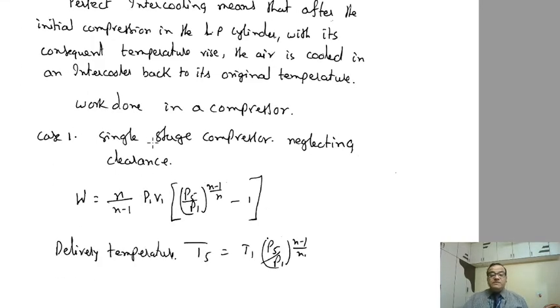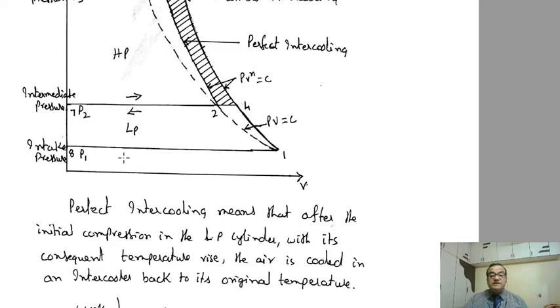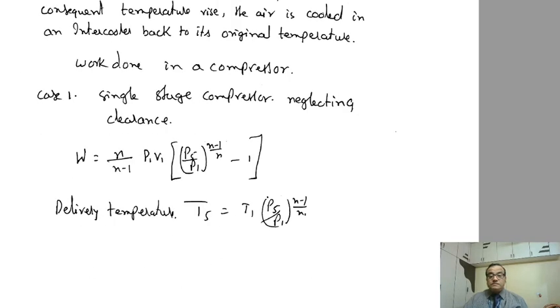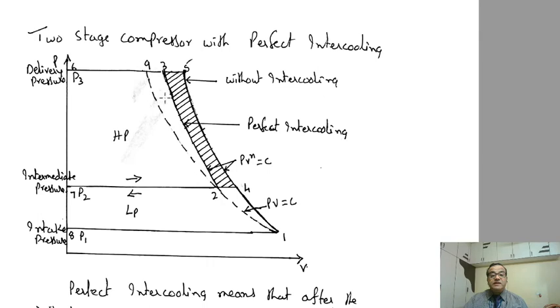So case 1, first we'll study work done in a compressor as a single stage. Let's assume that all these are a single stage compressor. Then for single stage, work done is n by n minus 1 P1 V1 [(P5 by P1) to the power of (n minus 1) by n minus 1]. Why P5? The delivery pressure is basically P5 here. You can see here that delivery pressure is P5.